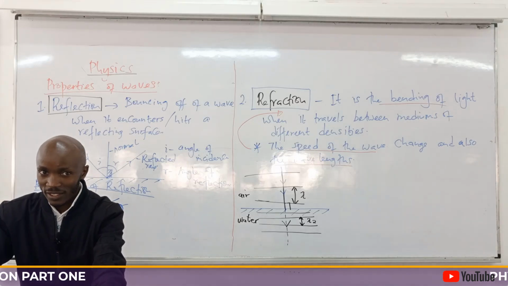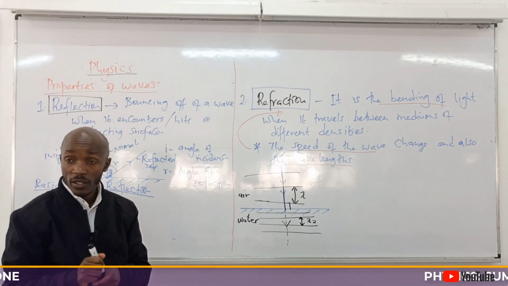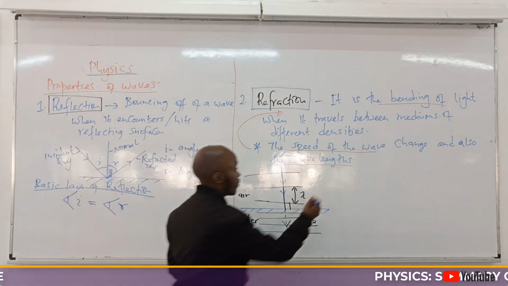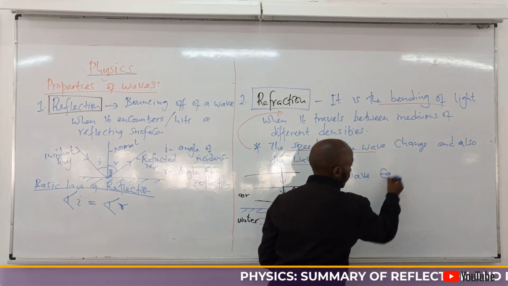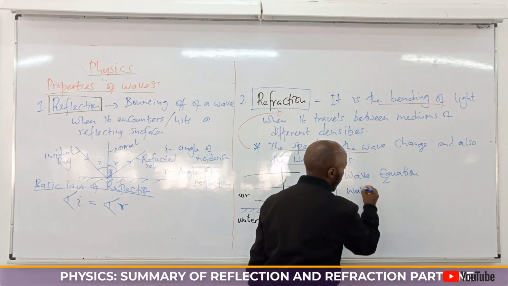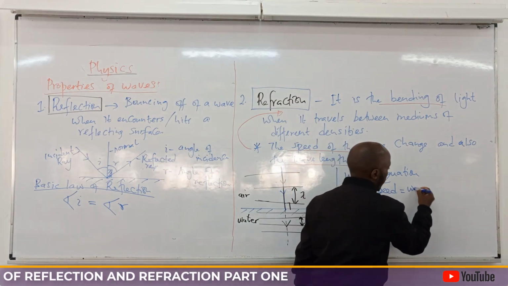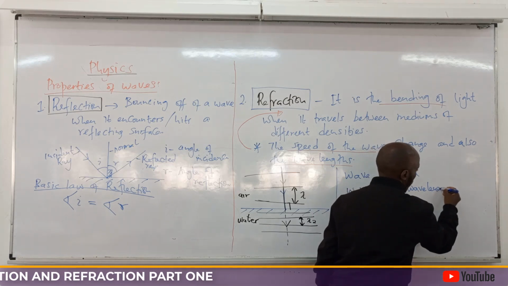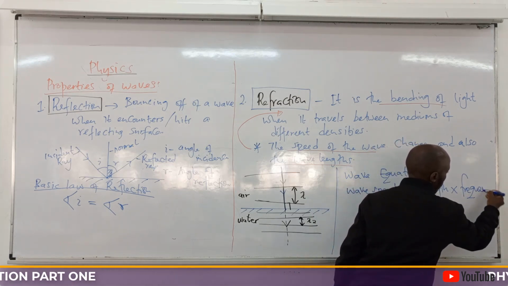That is given. Okay? And there's something we call the wave equation. Wave speed is equal to wavelength times frequency.